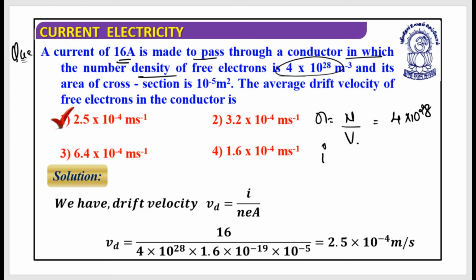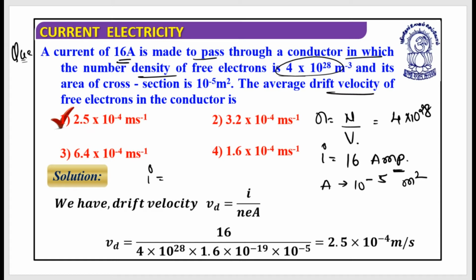The current is 16 ampere, and its area of cross section is 10 to the power minus 5 meter square. We require the average drift velocity of the electron.